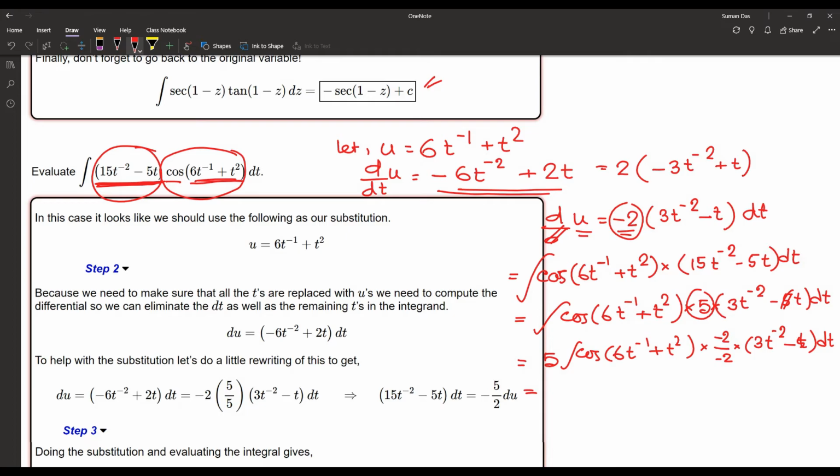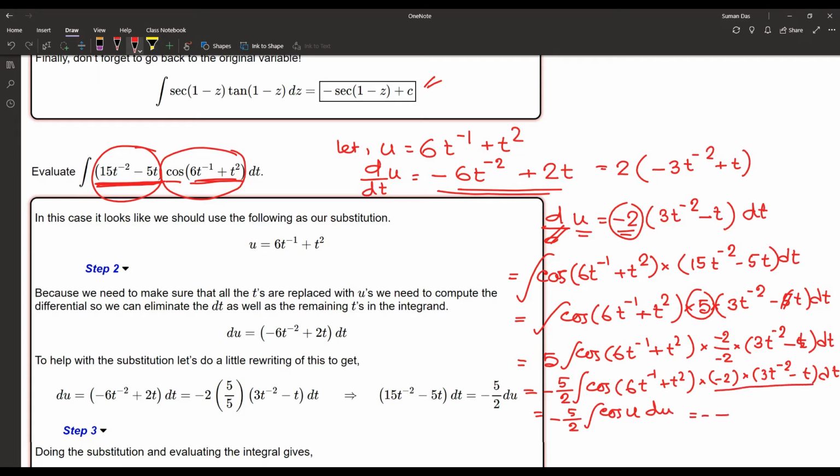So that becomes the integration of cos(6t^-1 + t^2) into -2(3t^-2 - t) dt. So using the variable u, it is -5/2 times the integration of cos u du.